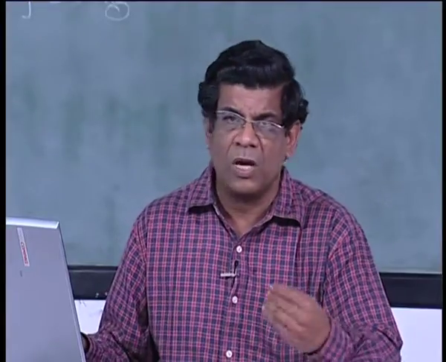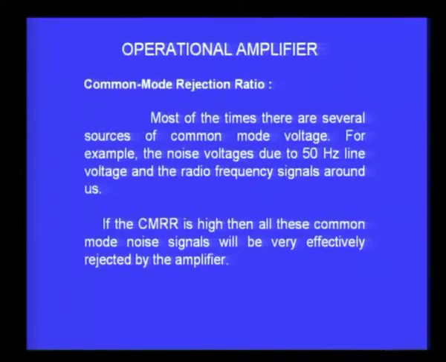All around us there are a lot of electromagnetic waves present from different sources, radio stations, television stations, communication lines, etc. And therefore, all of them will be very small in magnitude, I agree. Even then the amplifier will not be able to distinguish them.